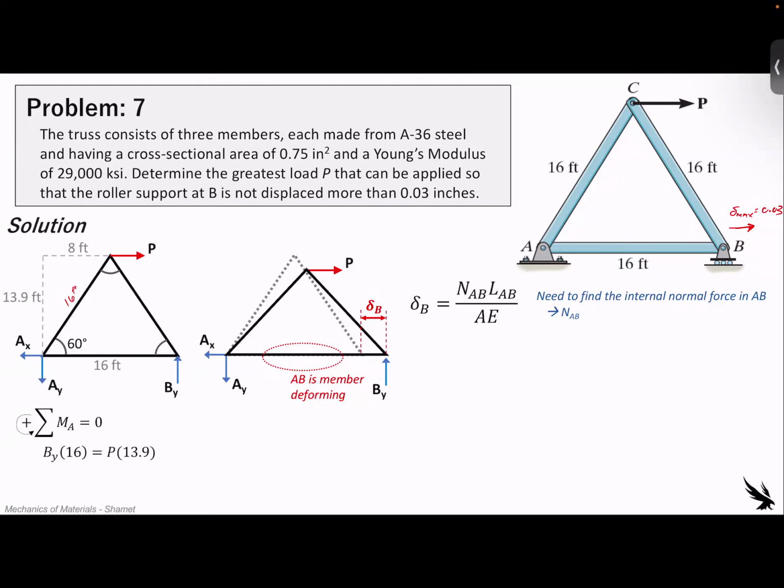So for moments, we go around A. So we'll put our finger right here. And what are all the things that move it? The BY is causing it to go in the negative direction at 16 feet away. And then the P is also causing it to go in the negative direction, 13.9 feet away.